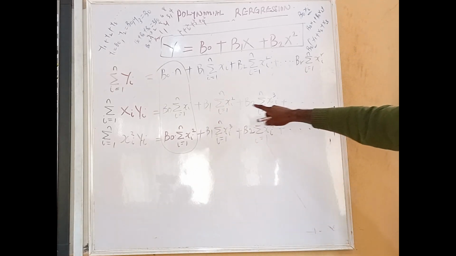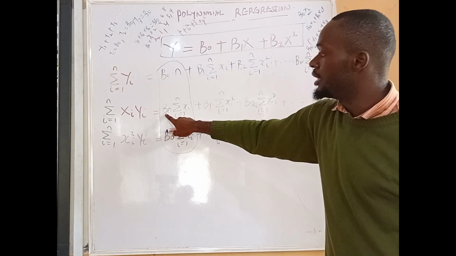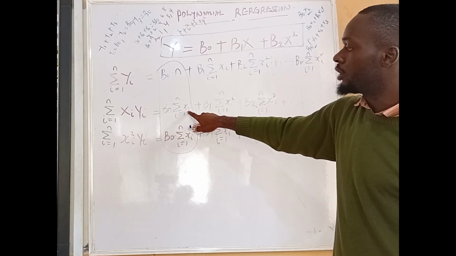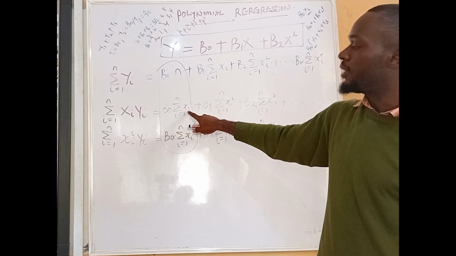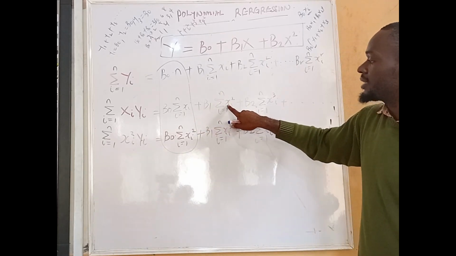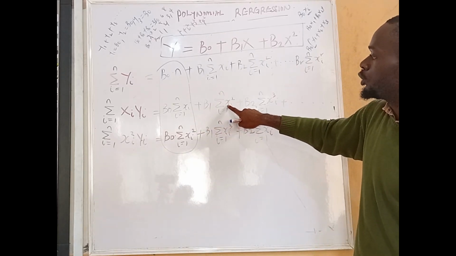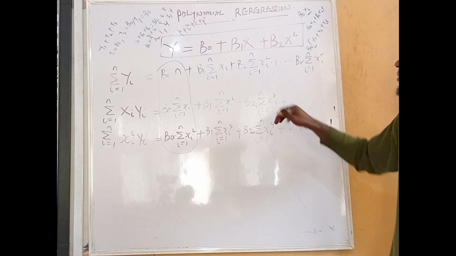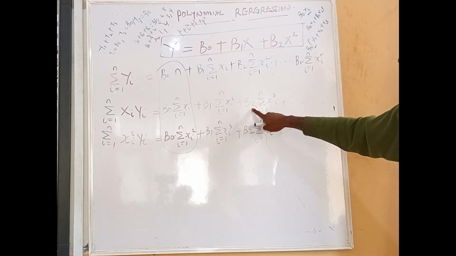This one says, okay, b naught is unknown. Sum of s, we got it already. That's the summation of all your values of s. Then sum of s squared, we got it already. It means that we should square each value of s, then sum everything together. B2 is unknown.